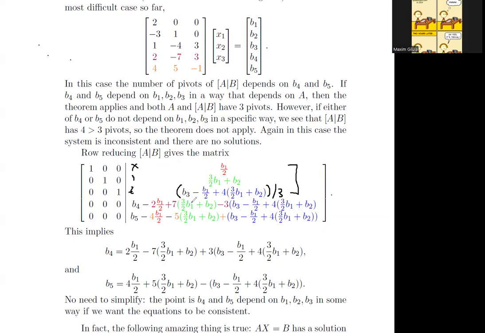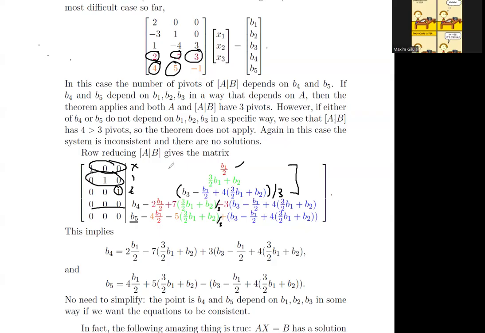And then if I take B4 and I subtract off 2 of these rows, and I add 7 of these rows, and I subtract 3 of these, I get 0. And so I needed to divide by 3 here and divide by 3 here. But I hope the color coordination helps a little bit. From B5, I subtract 4 B1 over 2s.